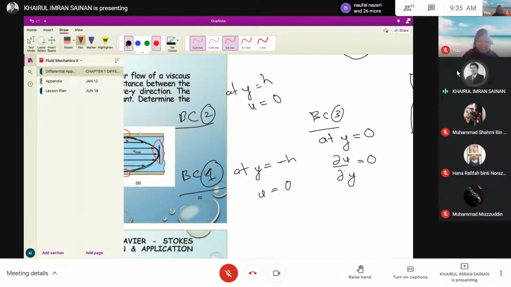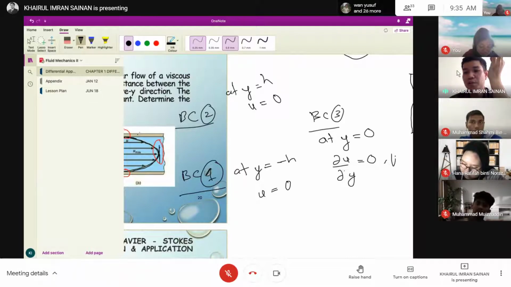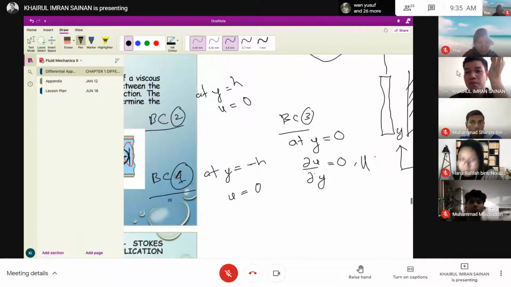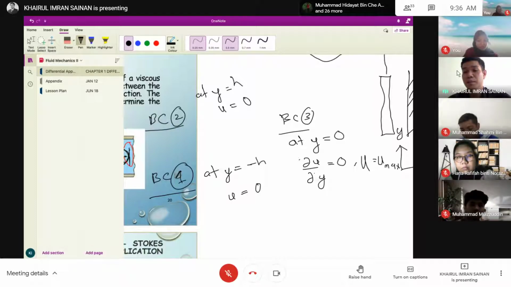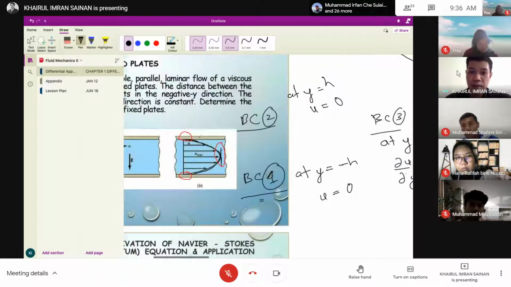Meaning this also means that u is actually u max, the maximum velocity. But we don't normally use this one, even though we know that is the phenomenon. Mathematically, we put del u over del y equals 0. Why? Take a look here.